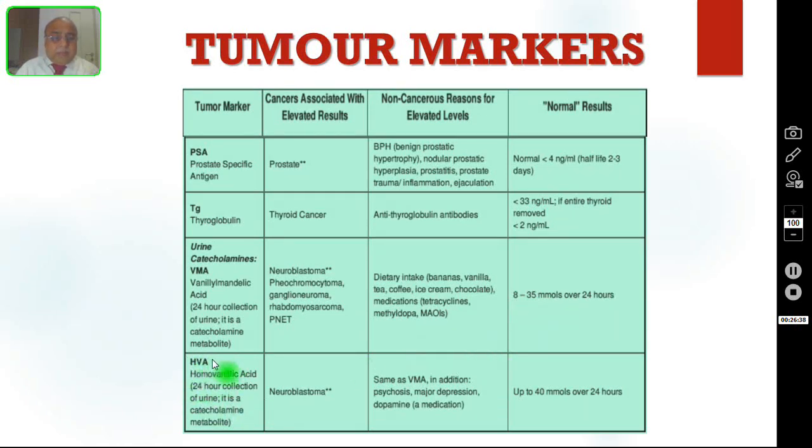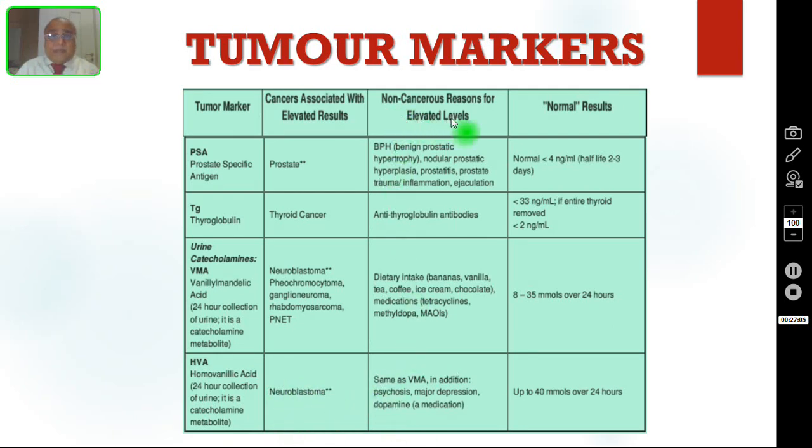The next tumor marker is HVA or homovanillic acid. This is homovanillic acid; the earlier one was vanillyl mandelic acid. Here also the 24-hour collection of the urine is needed, and it is catecholamine metabolism. This is also the same thing as here. So this is elevated in neuroblastoma only.